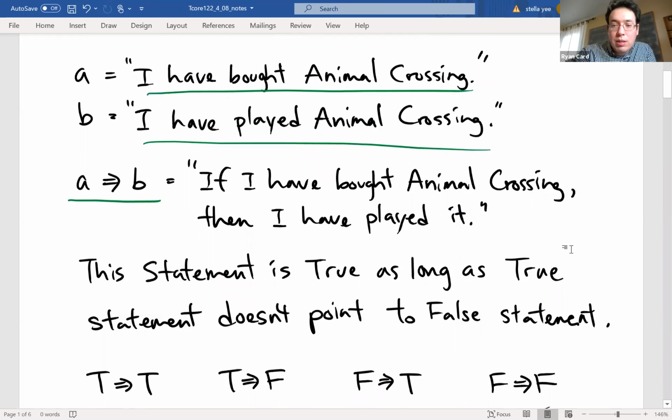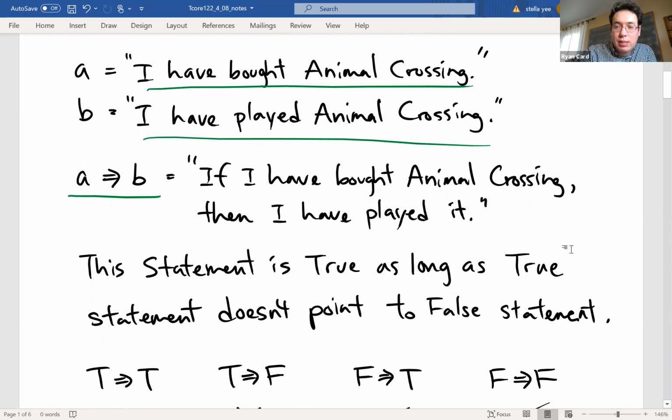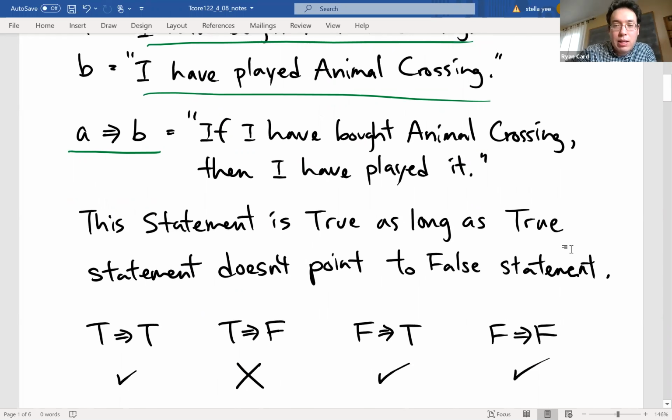So the truth value of this statement is a little bit tricky, right? It's true as long as you don't have a true statement pointing towards a false statement. You don't want to be able to deduce something that's false when you started with a true statement.